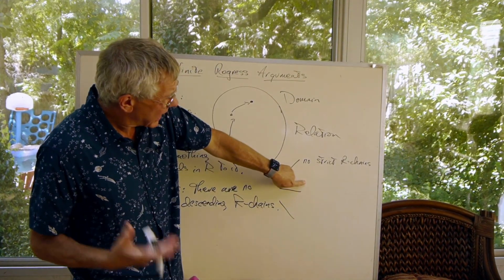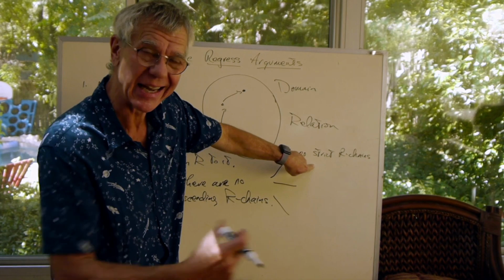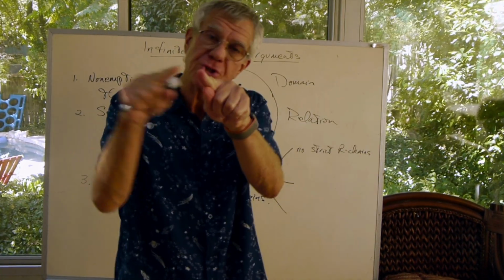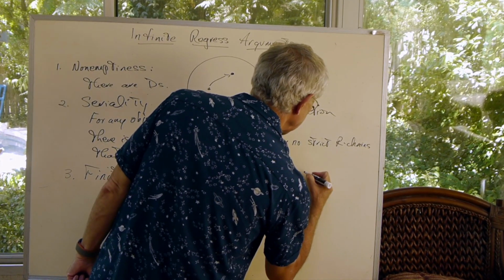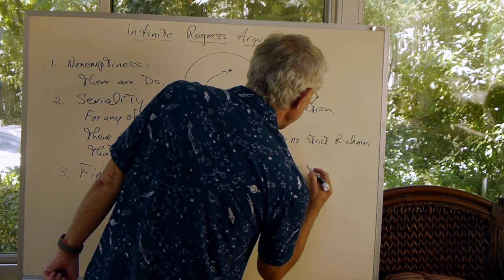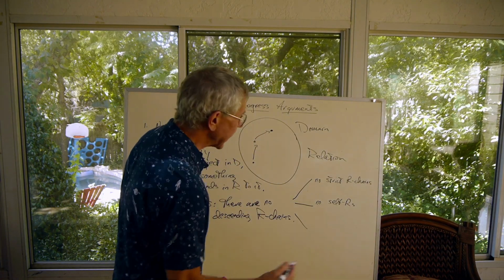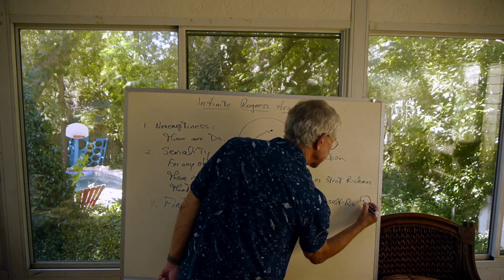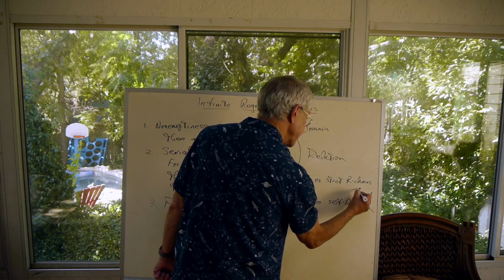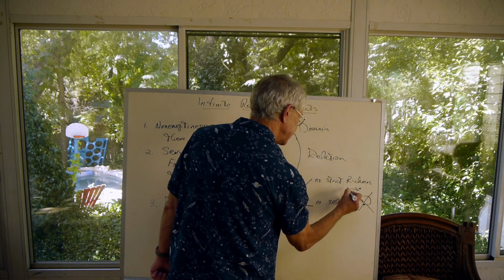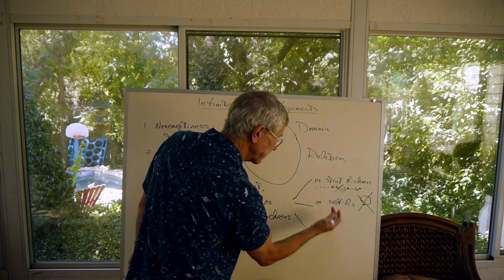But we're able to generalize this idea and say, well, it's not just that there are no strict chains like this. Also, nothing actually stands in the relation R to itself. So we could say nothing stands in R to itself, or just there are no self-Rs. Okay, no cases where something is like this and stands in the relation to itself. So we've got this ban, and we've got now this ban.